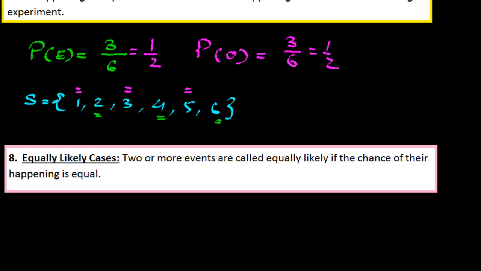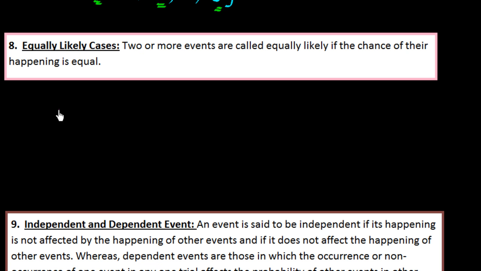Similarly, in the coin, the probability of getting head is 1 over 2, and the probability of getting tail is also 1 over 2. Their probabilities are 1 by 2, 1 by 2.